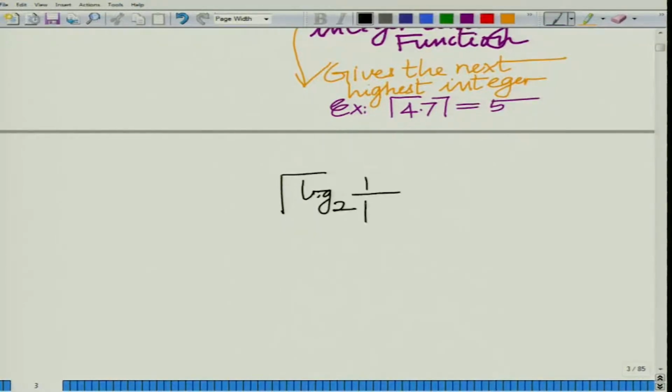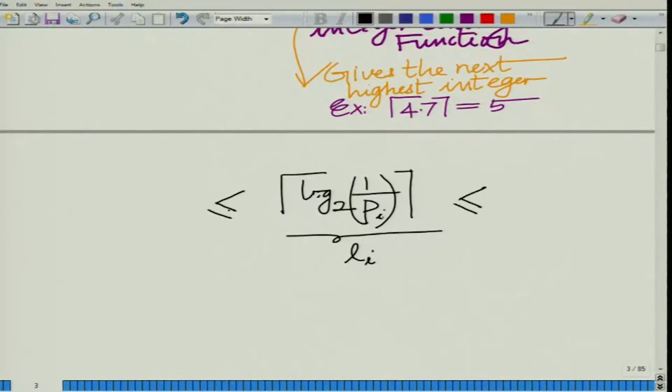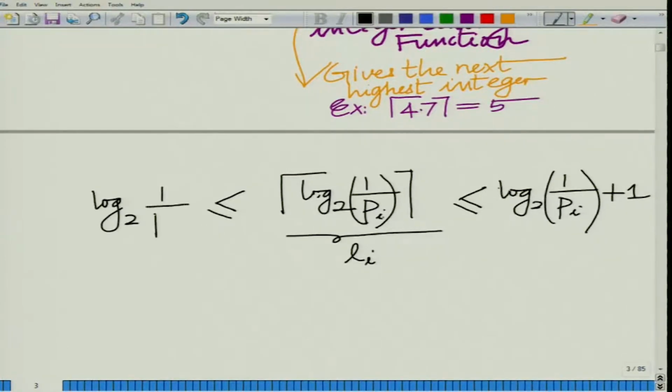Okay. So therefore, now if you look at this log to the base 2 1 over pi, which is your Li, it naturally follows that this is less than or equal to log to the base 2 1 over pi plus 1, and that can be easily seen.